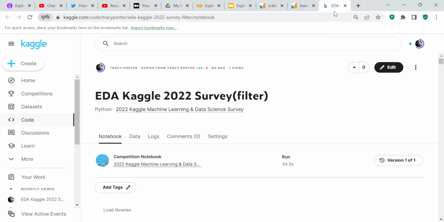It's Crystal here. I want to go over a code review with you for Exploratory Data Analysis, Kaggle's 2022 survey. Every year Kaggle sends out a survey to all the people that use their website, and they take the results and put them into a CSV file.